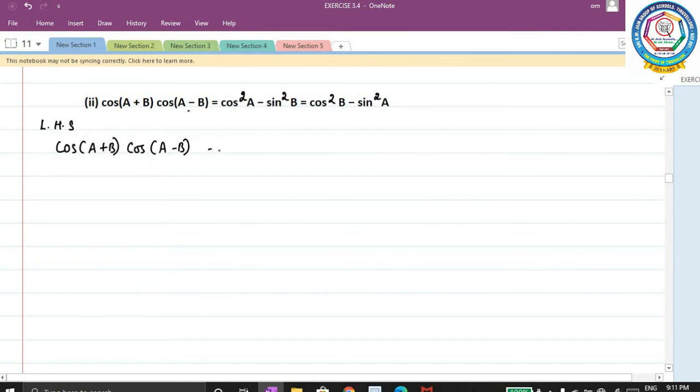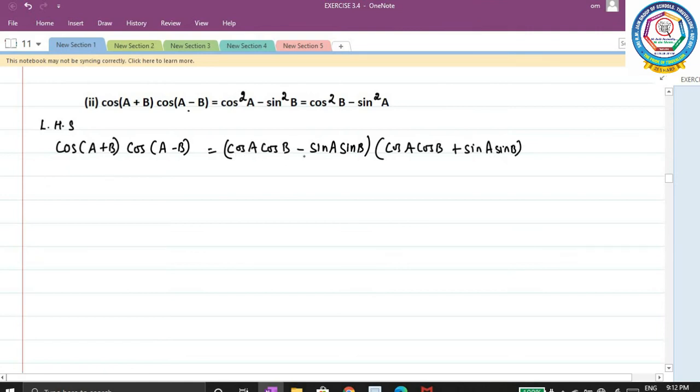We know the formula: cos of (a plus b) is cos a cos b minus sin a sin b. Next one, cos of (a minus b) formula we also know: cos a cos b plus sin a sin b.